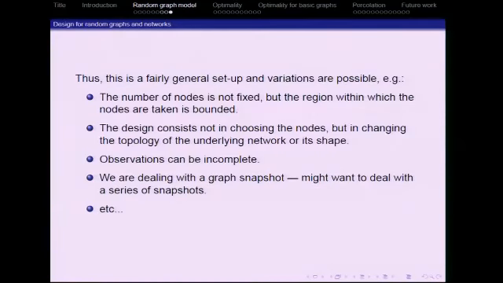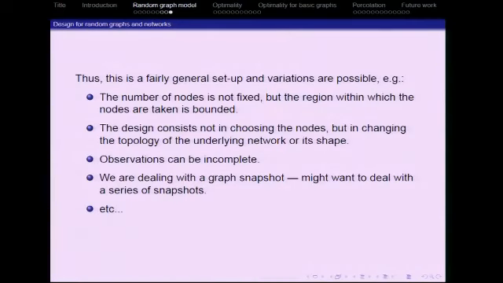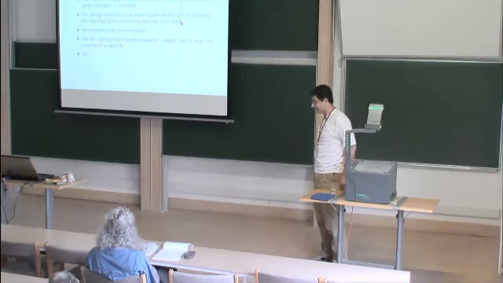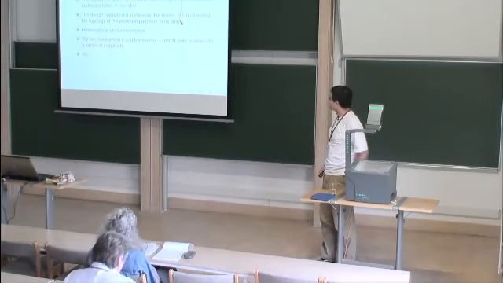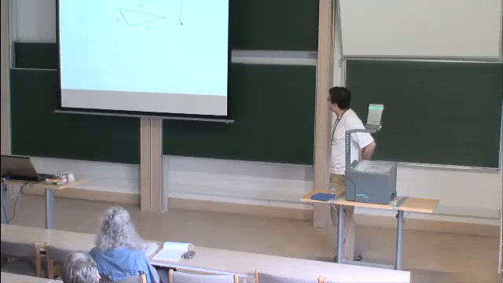Observations can be incomplete. The growth of the fungus is in soil, and practically you might not be able to see the edges of your network. Of course, we're dealing with a graph snapshot here, and ideally we should be dealing with a series of snapshots, so in the temporal dynamic.